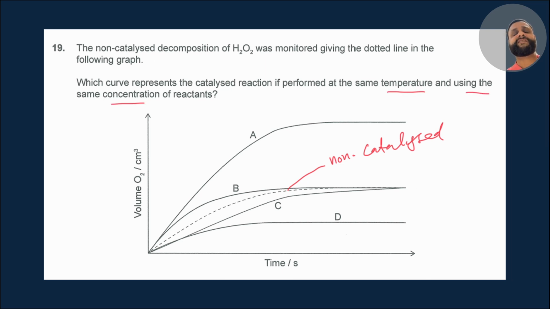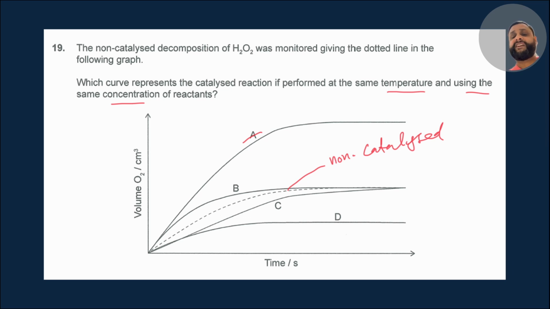So same concentration means we're looking for the same volume of oxygen produced, but it will be much quicker. The rate of reaction will be faster. Catalyst provides alternative pathway, and that pathway has lower activation energy. So A is not right because the volume of oxygen produced is doubled. B seems right.